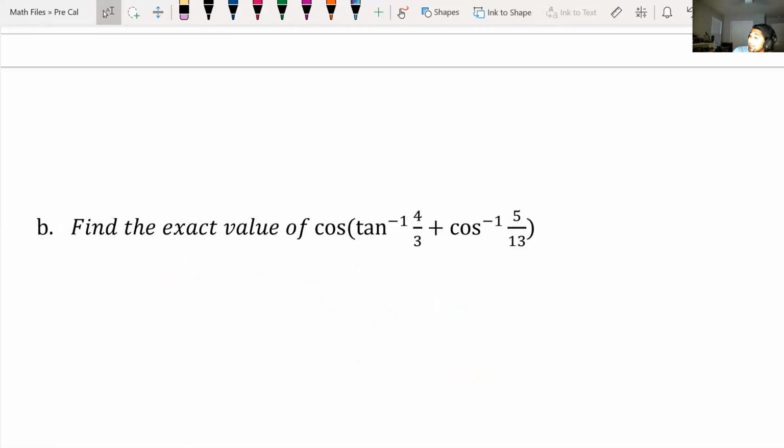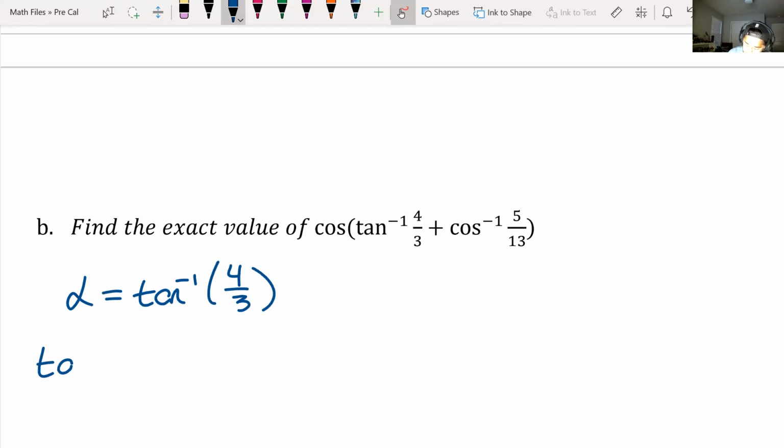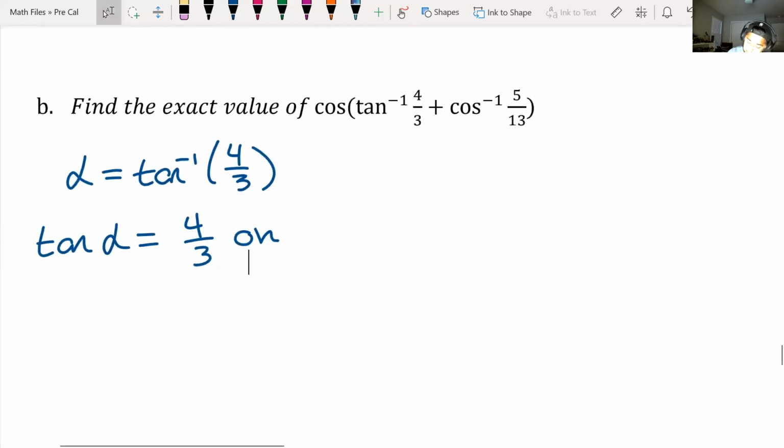Here's the cosine of the inverse tangent of 4/3 plus the inverse cosine of 5/13. So we do the same. Let alpha equal the inverse tangent of 4/3. Apply the inverse to both sides, and you get tangent alpha equals 4/3 on what interval? Negative pi over 2 to pi over 2.